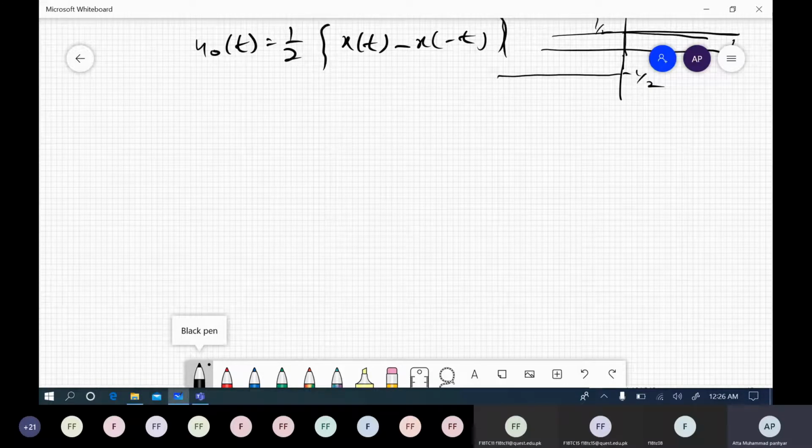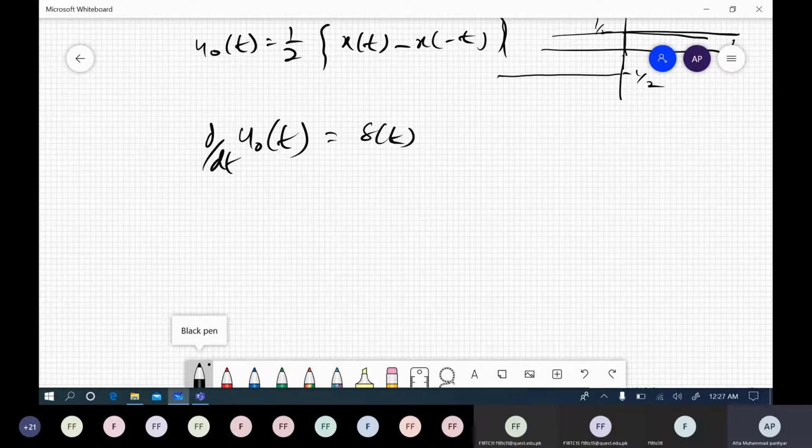So for example, if we wish to compute the derivative d by dt of the odd part, that must be equal to delta t. Why delta t?